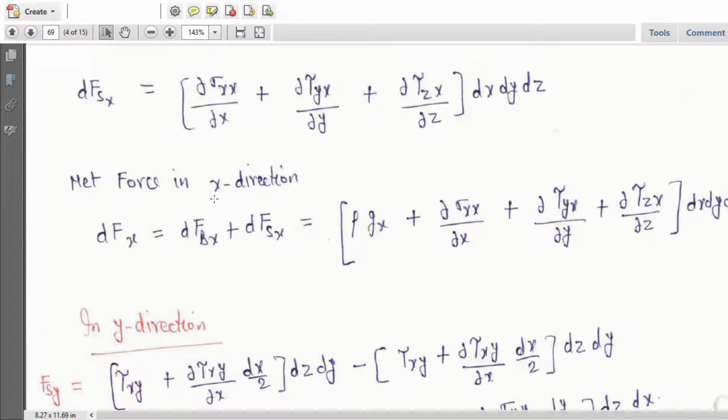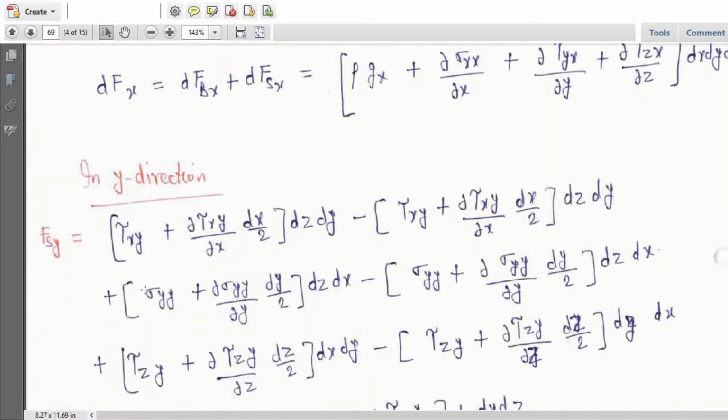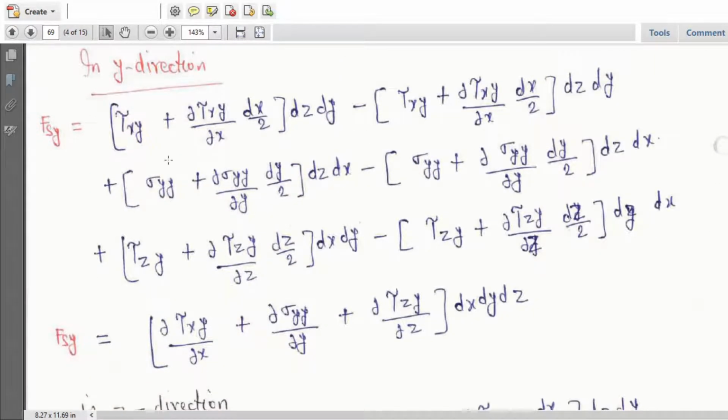The net force in the x direction is the surface force dFx, which we have already calculated, plus the body force, the force of its own weight. The body force is calculated as rho gx into the differential volume. The surface force we already have, and we have taken dx dy dz as common. Similarly, we can write the y momentum balance. This is for the y direction components, all nine stresses.